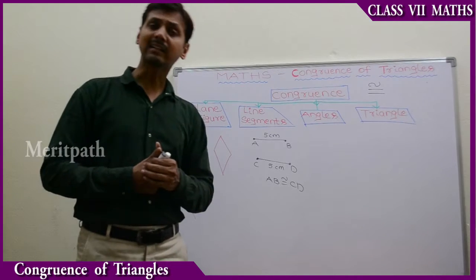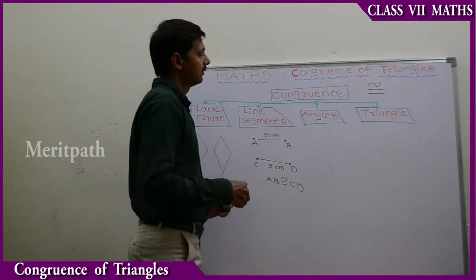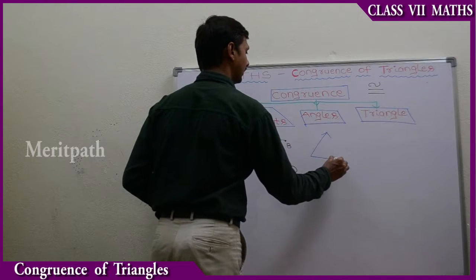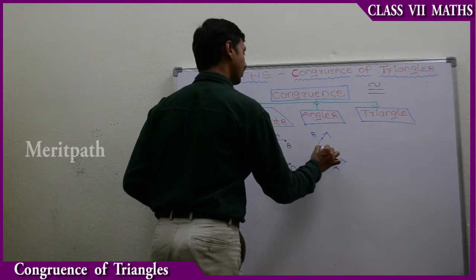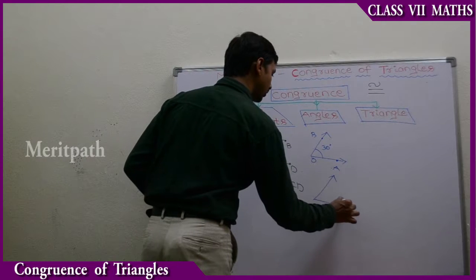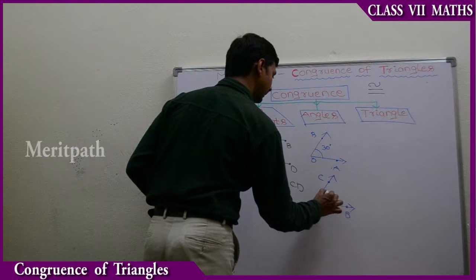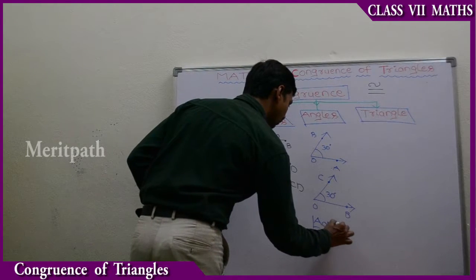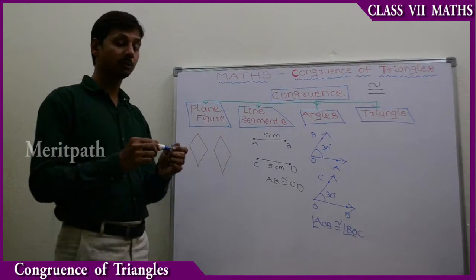Now we take the angles. If angle AOB is 30 degrees, and angle DOC is also 30 degrees, then we call angle AOB congruent to angle DOC, because the 2 angles are equal to each other.